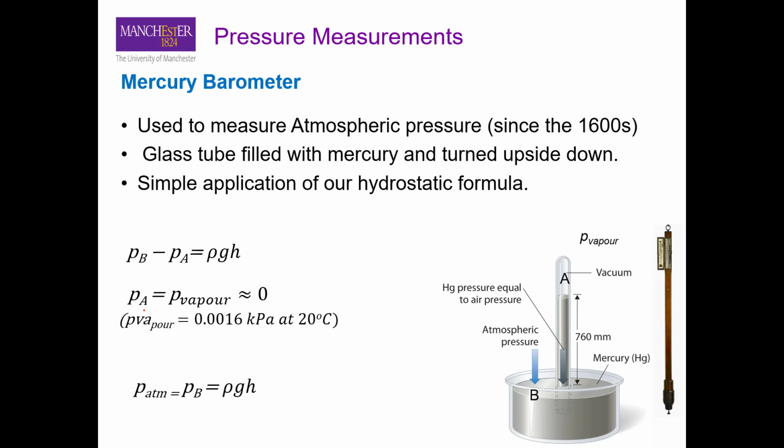As I said, the vapor pressure of mercury is really low at room temperature, so we can almost neglect it, and we get the final expression that the atmospheric pressure at point B is equal to rho GH.